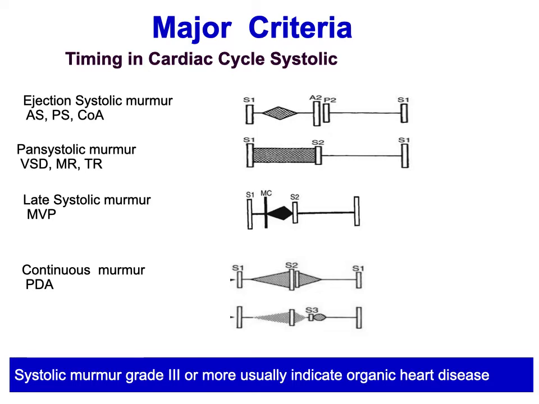How to differentiate between a continuous murmur and a systolo-diastolic murmur, which is both in systole and diastole, as found in heart disease of different conditions? In a systolo-diastolic murmur, the second heart sound is clearly audible, whereas in PDA, the second heart sound is submerged. That's how we differentiate between the two.